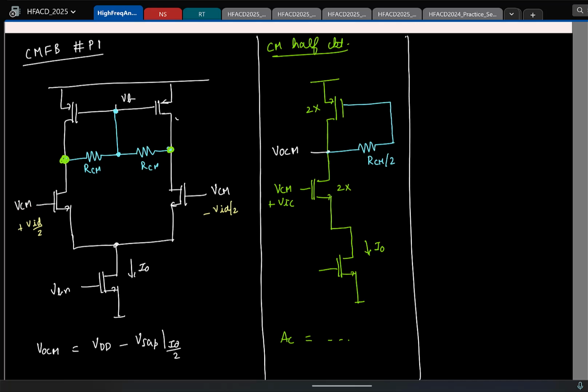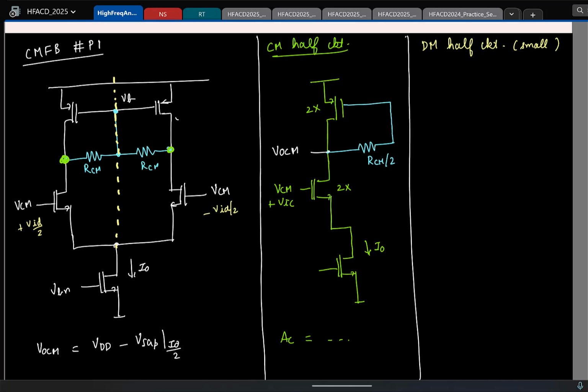If I apply differential mode signals, what can I say? Can I reduce the circuit now? Yeah, how will you do it? All the nodes along the line of symmetry will be at small signal ground. So that reduces. Let's quickly draw the differential mode half circuit. And again, remember, when I draw the differential mode half circuit, this is the small signal half circuit.